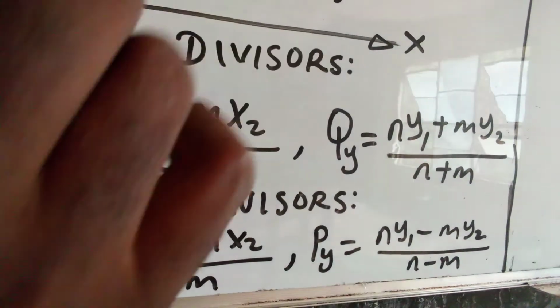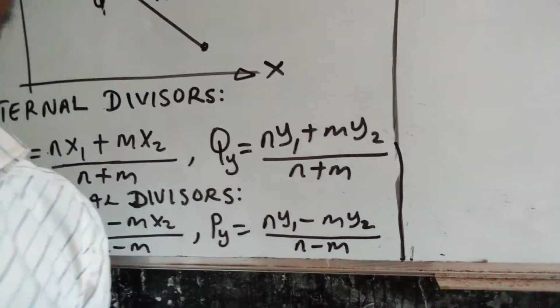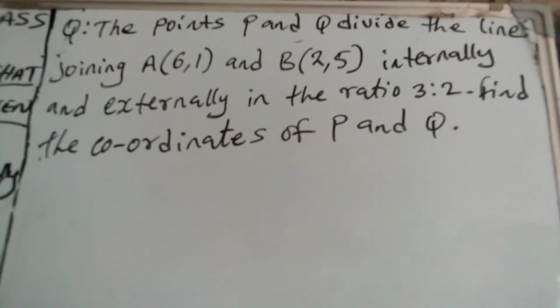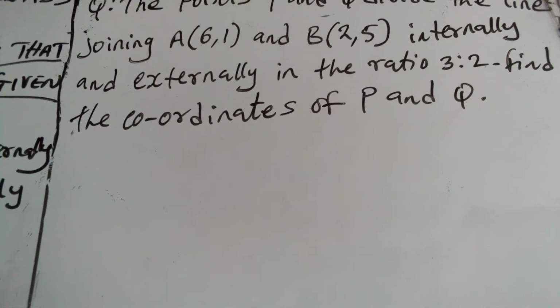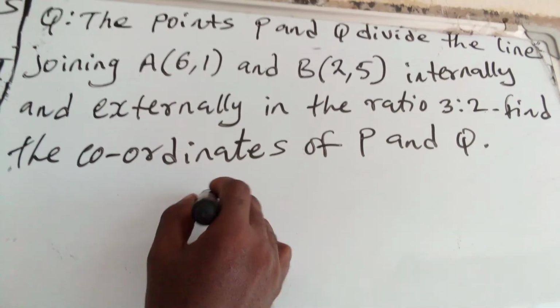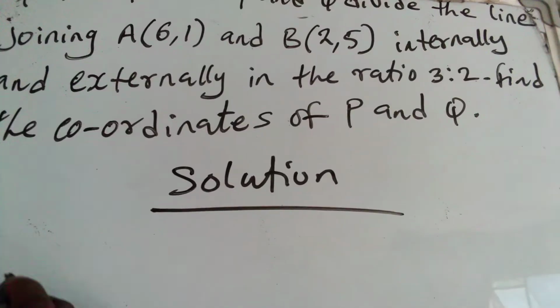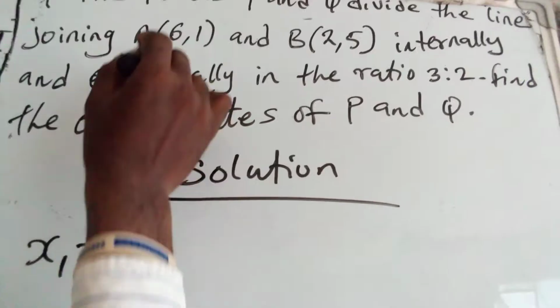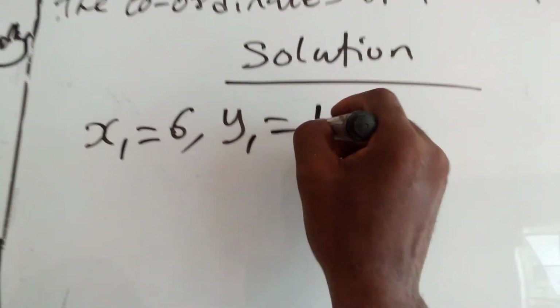So let's use this question to illustrate it. The question now says, the points P and Q divide the line joining A and B. So they have given you that. So you write solution. You come to your A, you have your x1. x1 is 6. y1 is 1 from the first point.